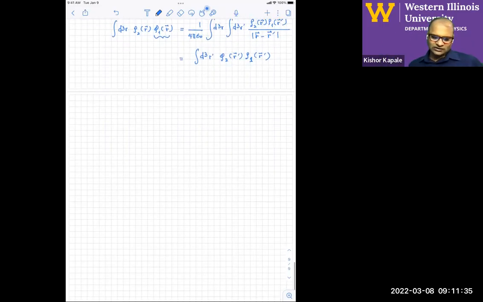So the total electrostatic potential energy V_E is the integral d cube r rho 1 of r phi 2 of r, or it could be the integral d cube r rho 2 phi 1.